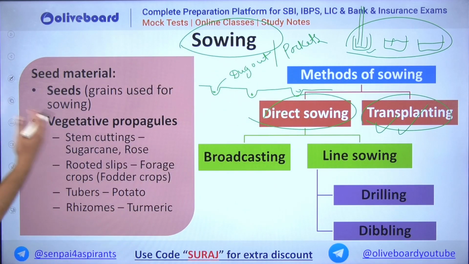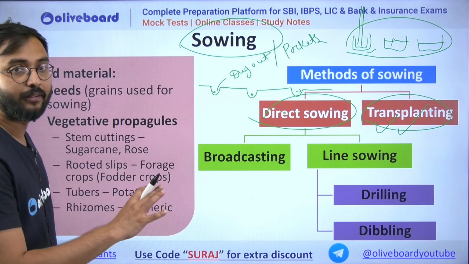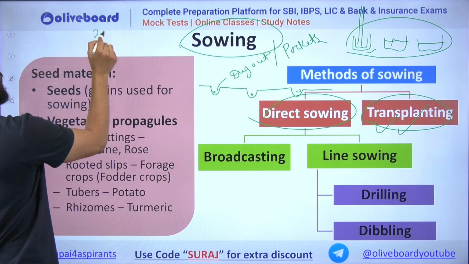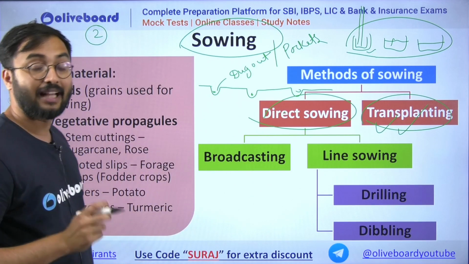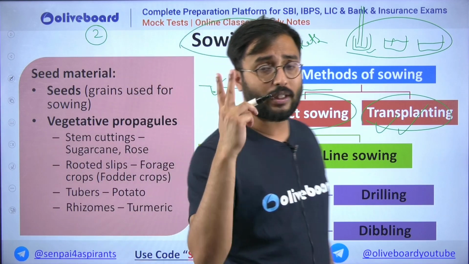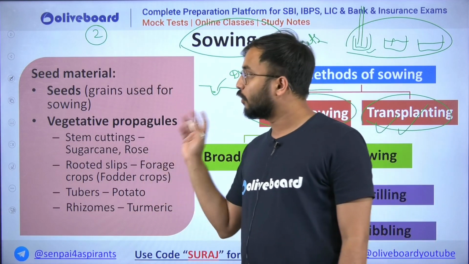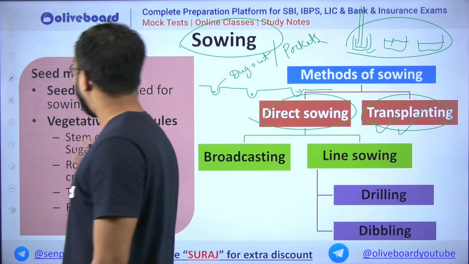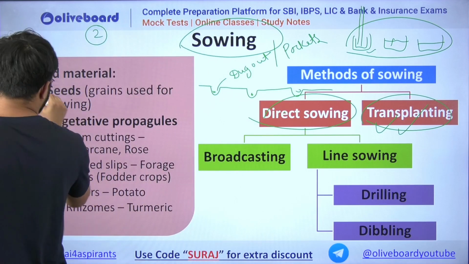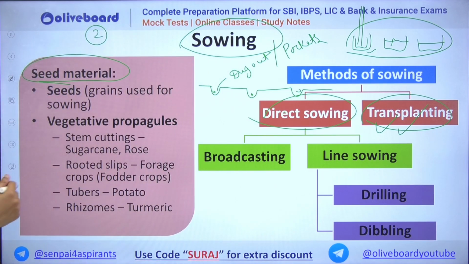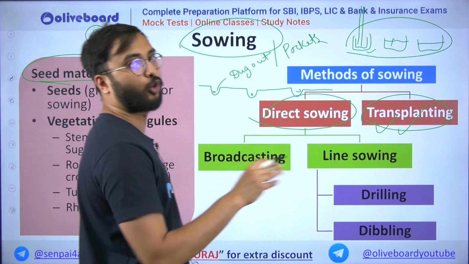Okay. Whenever we are planting a particular seed, two things have to be taken care of, and that is the quality of the seed. Two types of quality are always checked. First is physical purity of the seed, and second is genetic purity of the seed. We all know seeds are used for the growth of crops.